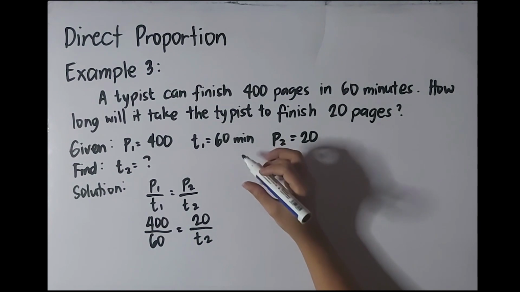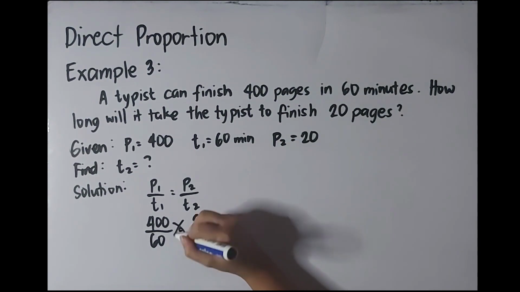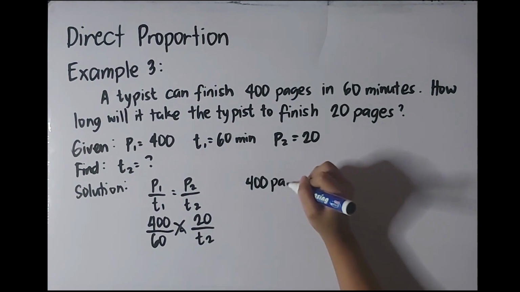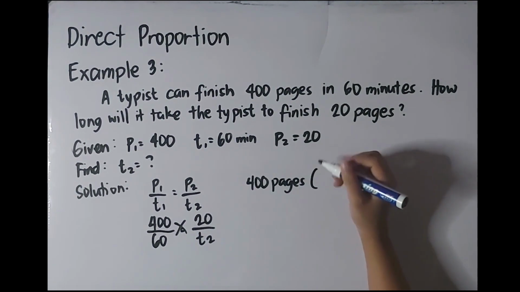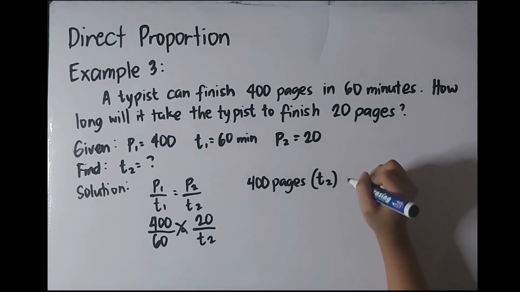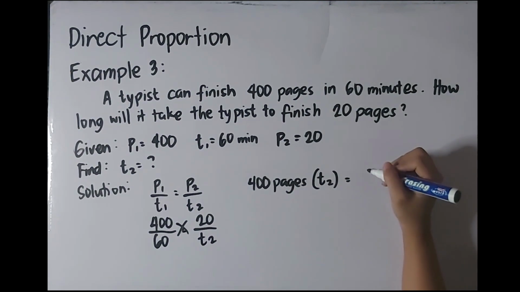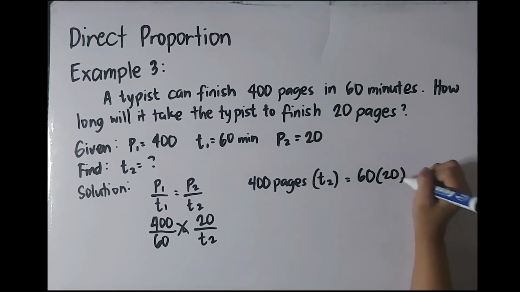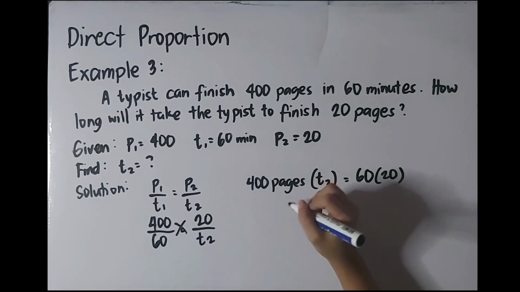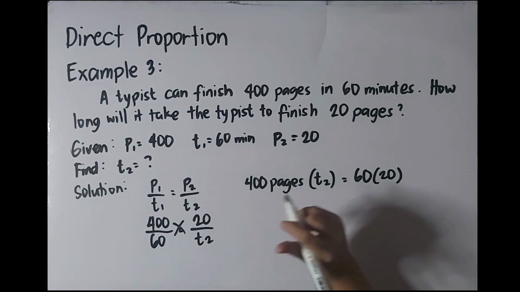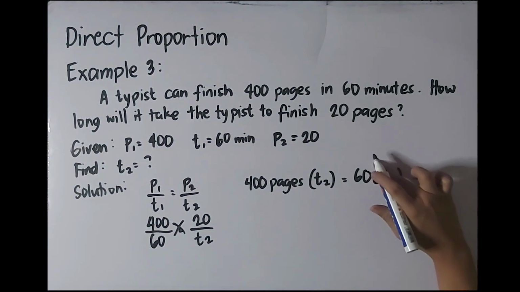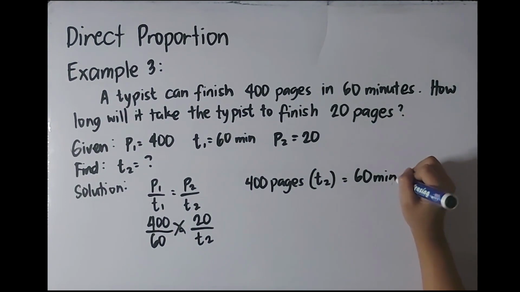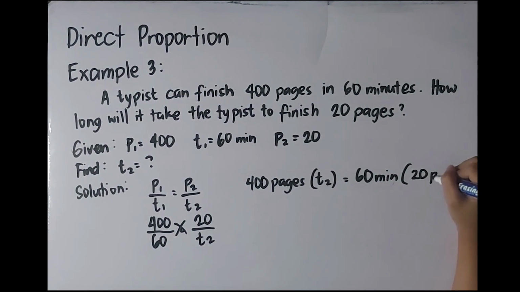So let's now get the cross product, multiply. So we have 400 pages multiplied by T2, time in minutes. Then we have 60 times 20. So we have 400 pages times T2 equals 60 minutes times 20 pages.